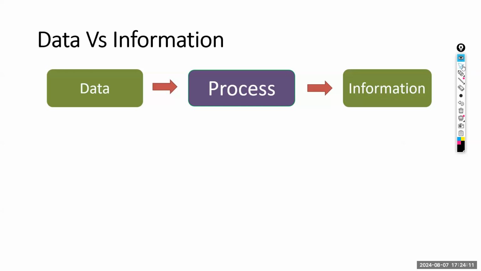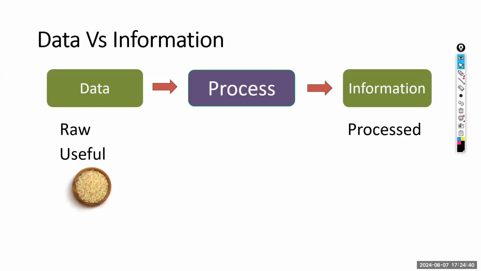Right. So what is information? Processed data. If someone processes data in a particular context, what we get is information. So then someone will ask, why do we need to process data? Why do you want to process data? So the simple answer is, data is good.